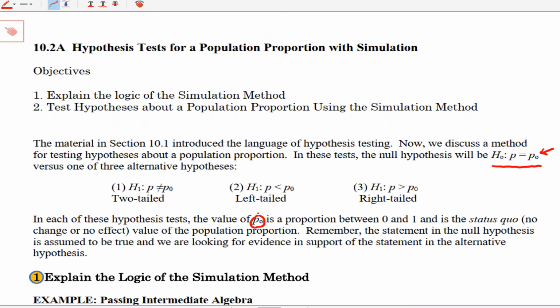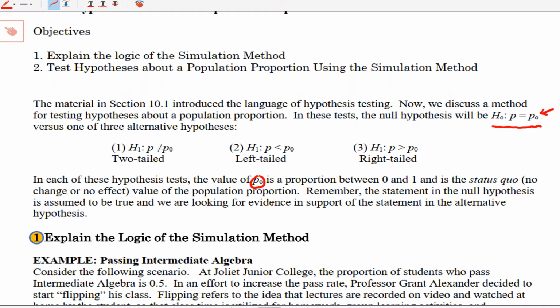The null hypothesis is innocence and the alternative hypothesis is guilt. We always assume in a trial that the null hypothesis of innocence is true, and we're looking for evidence in support of guilt, and that's what the jury makes a decision on based on the sample evidence, which is the evidence presented by usually a district attorney.